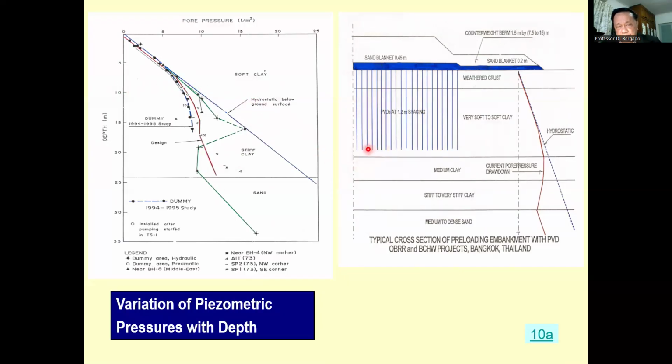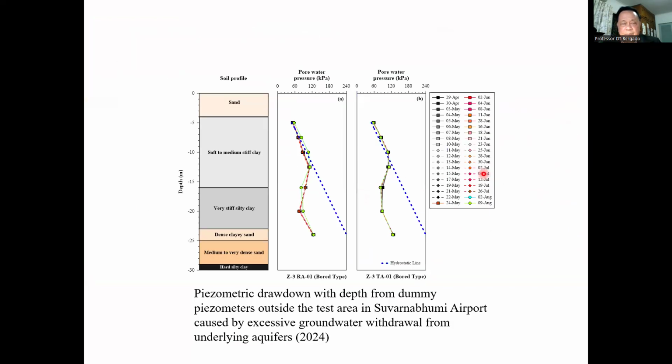There is no need to drain out below 10 meters because it is draining by itself because of hydraulic connection. So we can only install PVDs 10 meters long, otherwise it will increase the rate of subsidence.